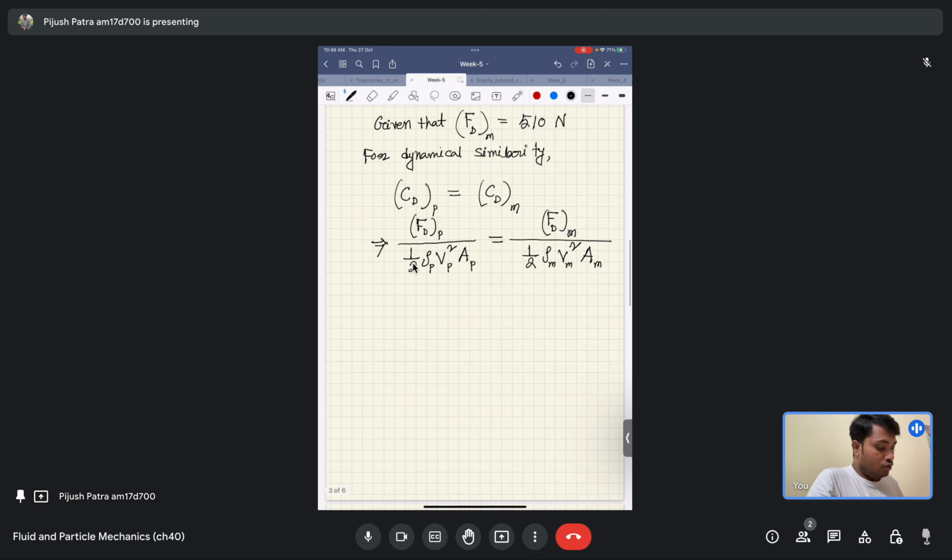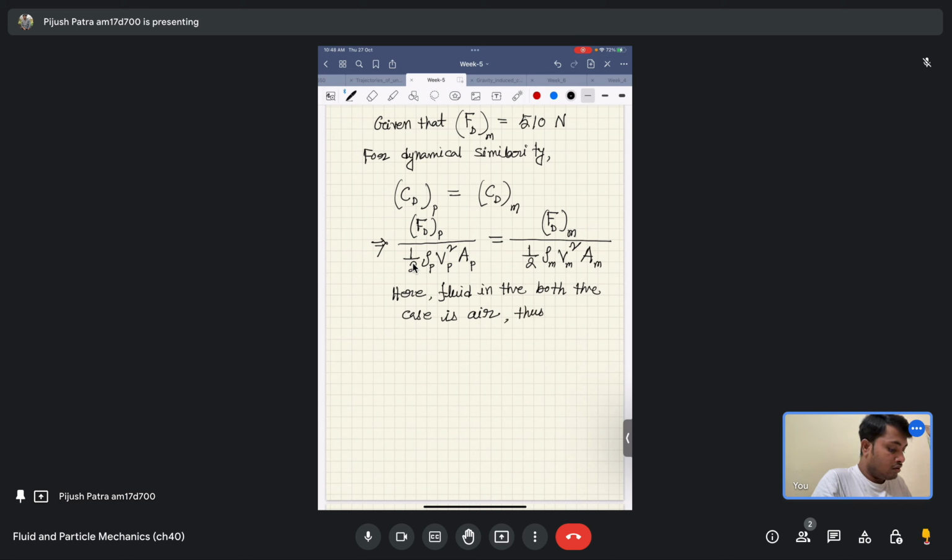Yeah. So here the fluid in both the cases is air, okay.